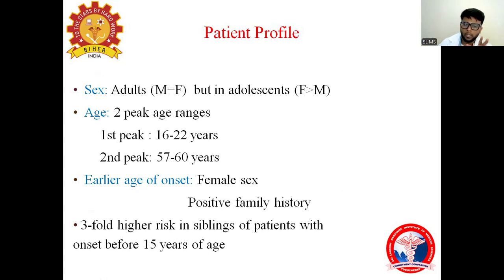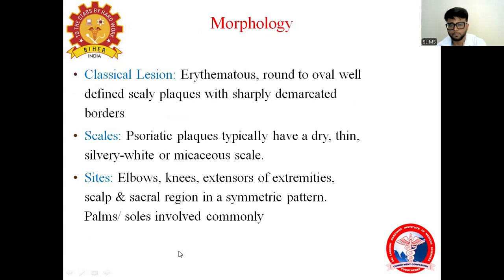It's common in adults, but it can also be seen in adolescents. Type 1 psoriasis occurs at 16 to 22 years, but type 2 psoriasis is between 50 and 60 years. There is a threefold rise in siblings of patients with onset before 18 years of age.